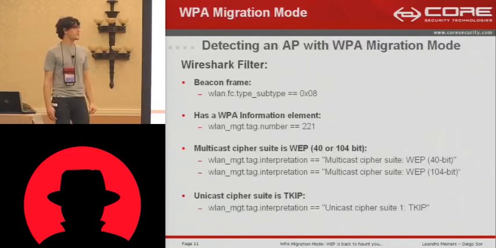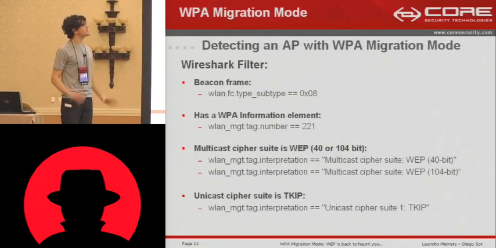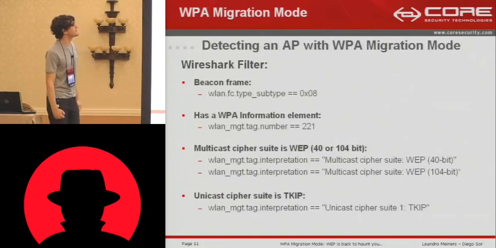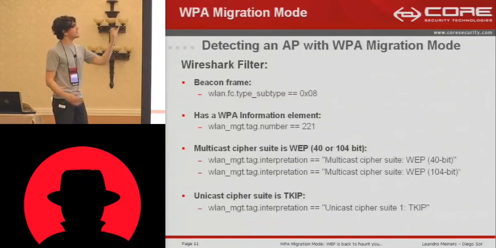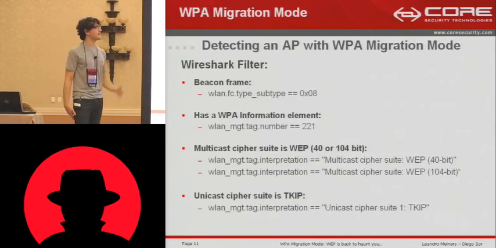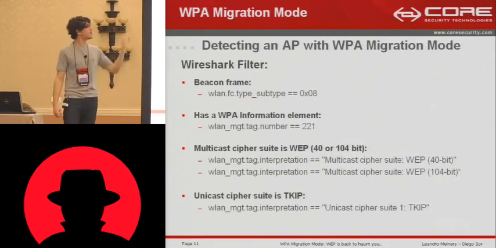So how do we detect this AP working in WPA migration mode? Basically, we look at the beacon frames. First, filter the beacon frames using the frame control type subtype field. Then the WPA element must be present within the beacon.